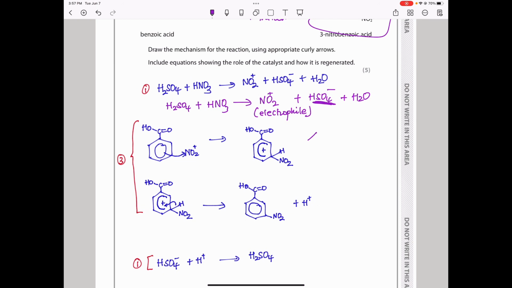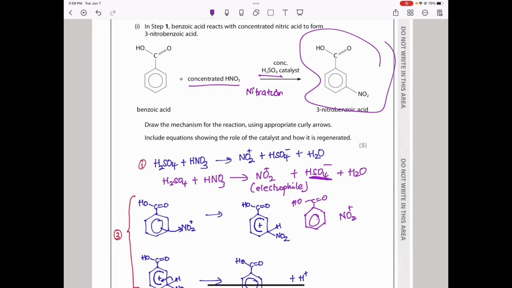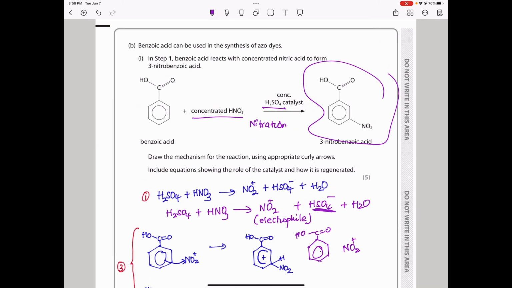And then in the next step, the electrophile is going to attack the benzene ring, of course. So let's see, electrophile plus... Remember, it's the ring that donates a lone pair. Now, you have to look carefully at how this structure was done. The arrow has to leave around this side.